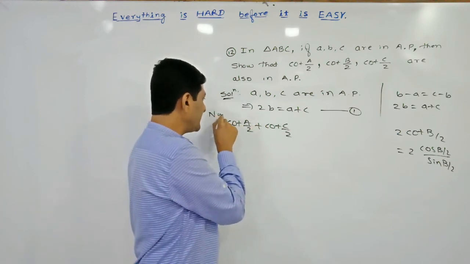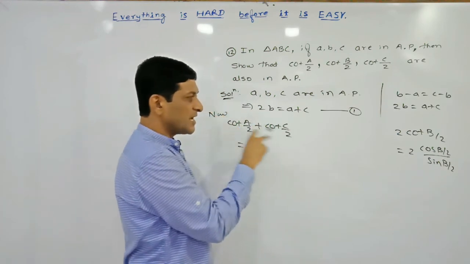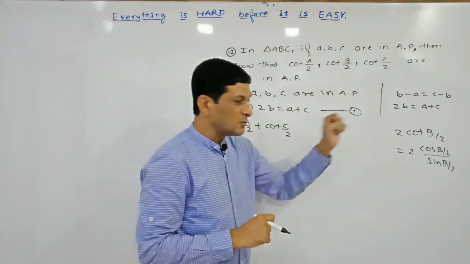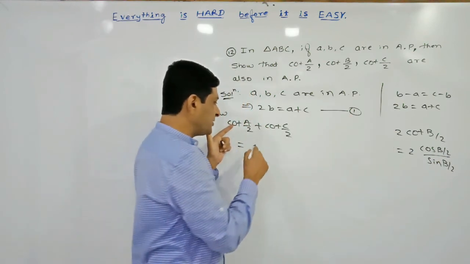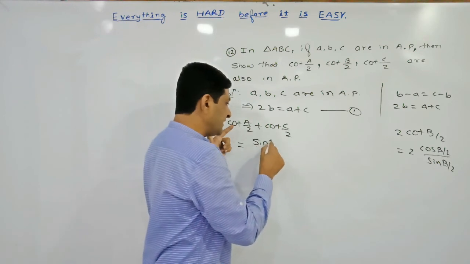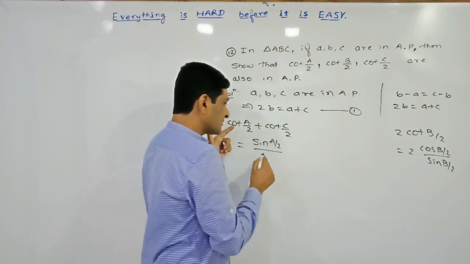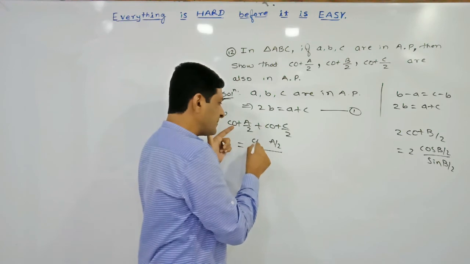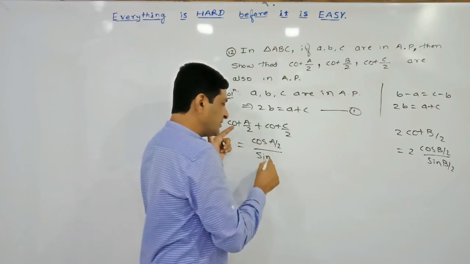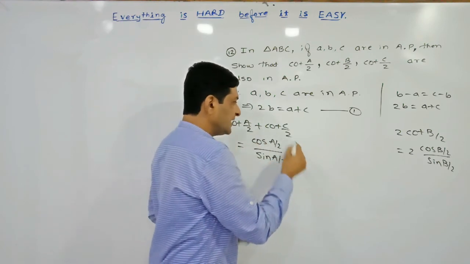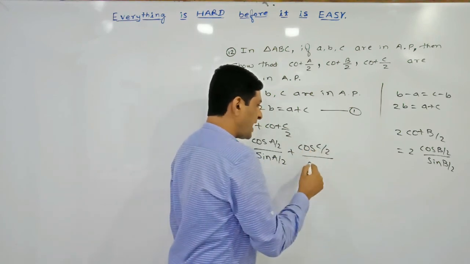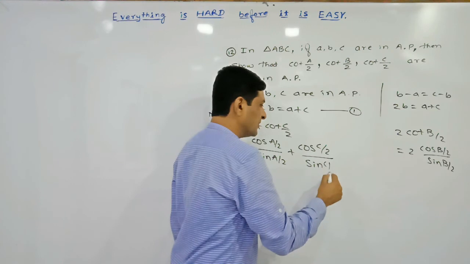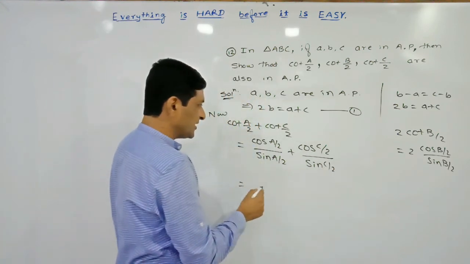So now we are finding the addition of these two terms and we are trying to show that their value is equal to twice cot B by 2. Now cot A by 2, can I write it as cos A by 2 upon sin A by 2? Plus again cot C by 2 can be written as cos C by 2 upon sin C by 2. Now we are taking cross multiplication.